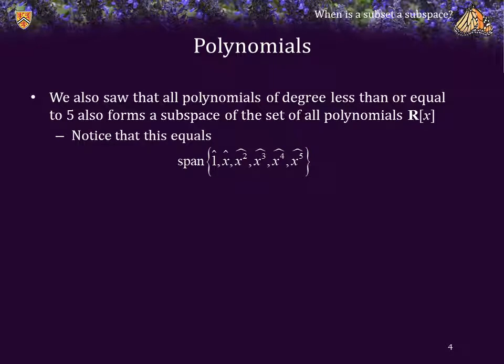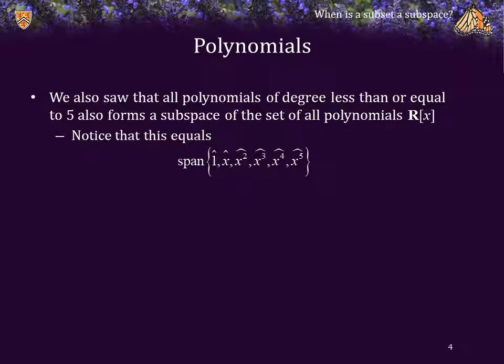Notice that this subspace is actually equal to the span of these 6 vectors, because every polynomial of degree less than or equal to 5 is some real coefficient times 1 plus another real coefficient times x plus another real coefficient times x squared, and so on, until we have a real coefficient multiplied by x to the 5.